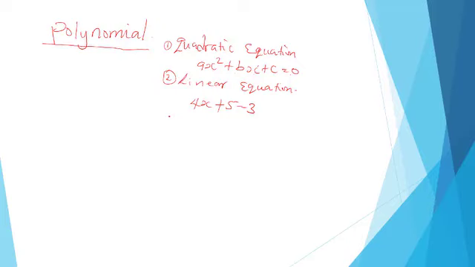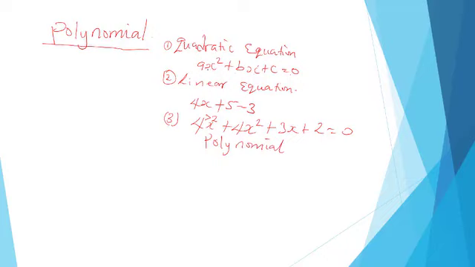But if the power of the unknown is greater than 2, plus 4x2 plus 3x plus 2, an equation like this is known as a polynomial equation.